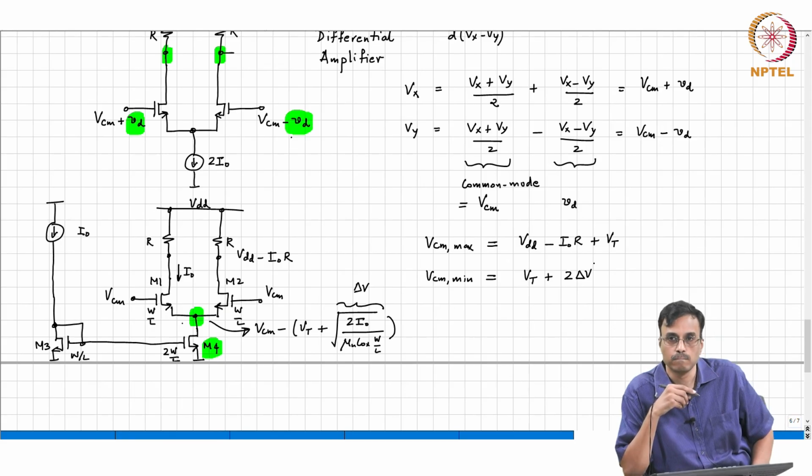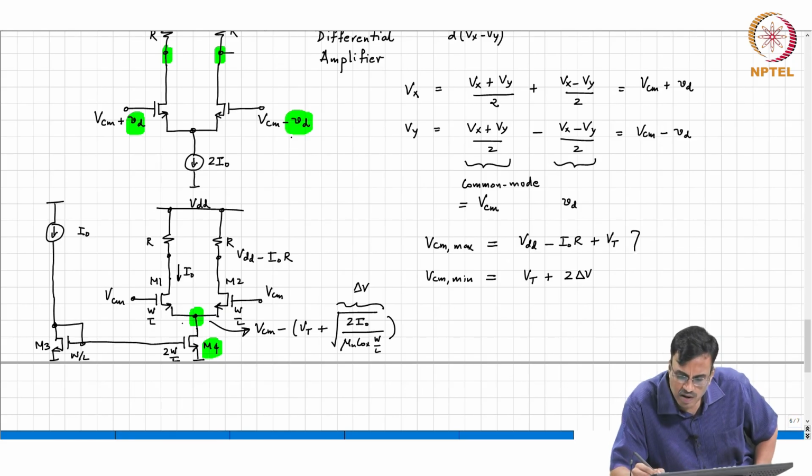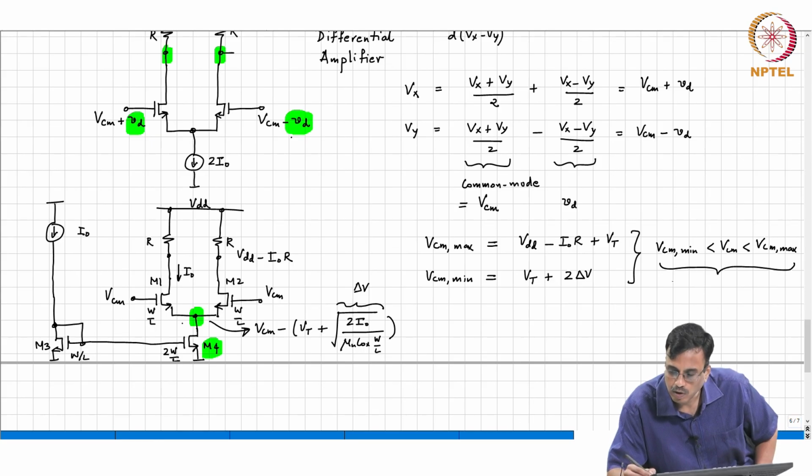All right. So, therefore, the actual VCM must be greater than a certain minimum and less than a certain maximum. This is called the common mode range.